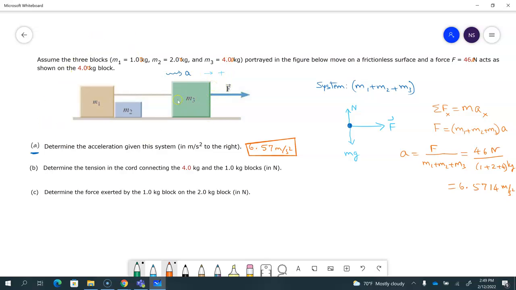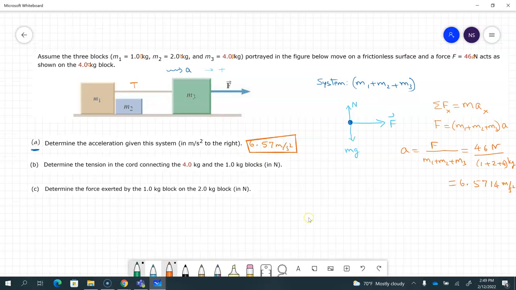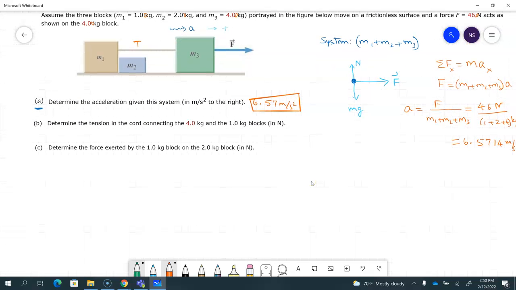I could draw a free body for just M3, for example, or I could draw a free body for just M1 separately, or I could draw a free body for M1 and M2 together. And I quickly noticed that if I keep M1 and M2 together, the only force that's pulling it to the right is the tension in the string. So there's a tension T in the string. I'll show you all three different ways to do this.